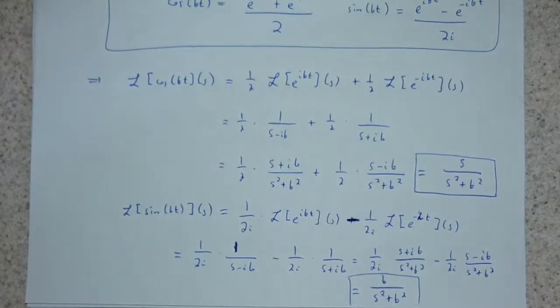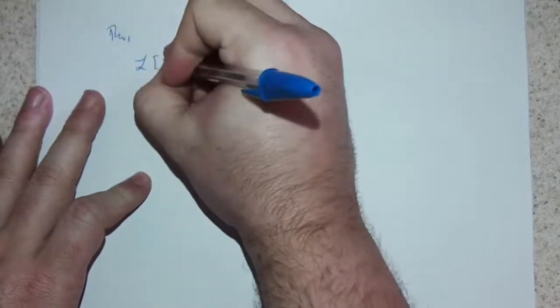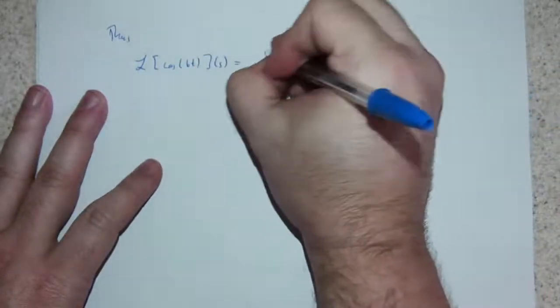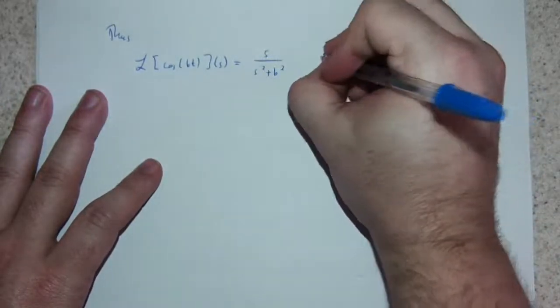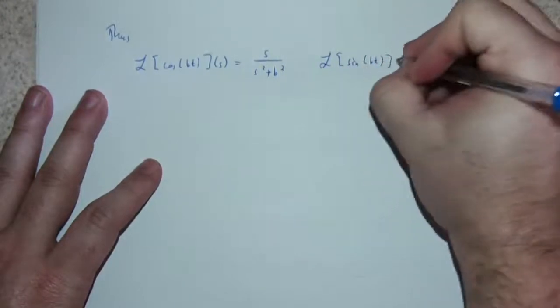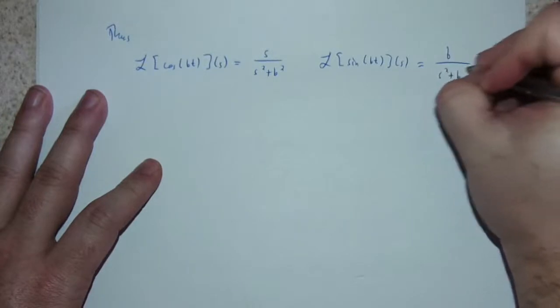So let's rewrite this in a nice and simplified fashion. Thus, the Laplace transform of cosine of bt of s is equal to s over s squared plus b squared, and the Laplace transform of sine of bt of s is equal to b over s squared plus b squared.